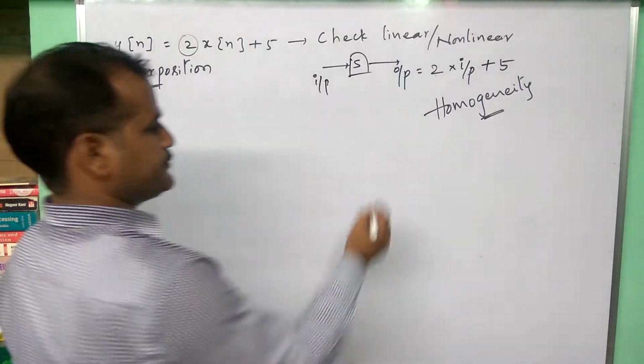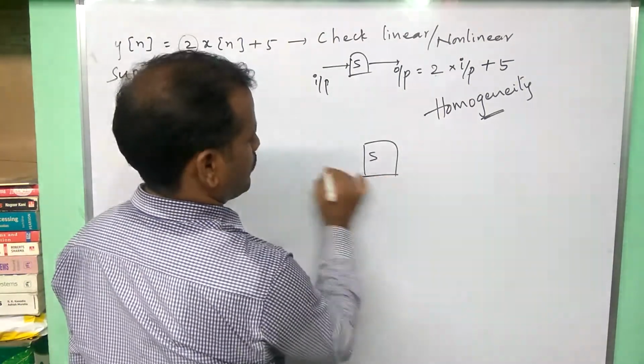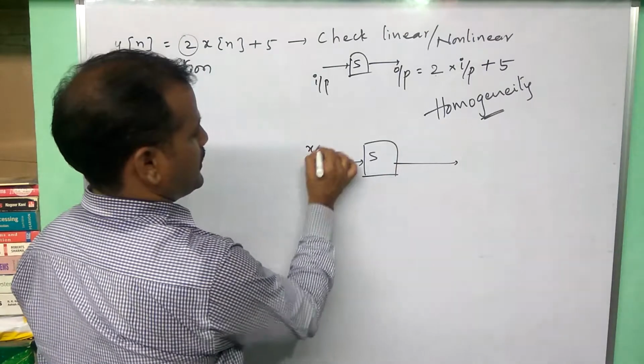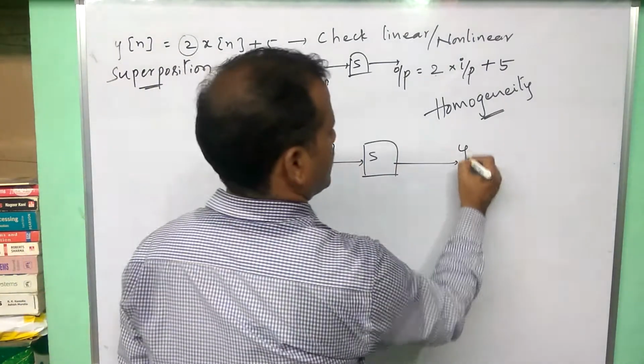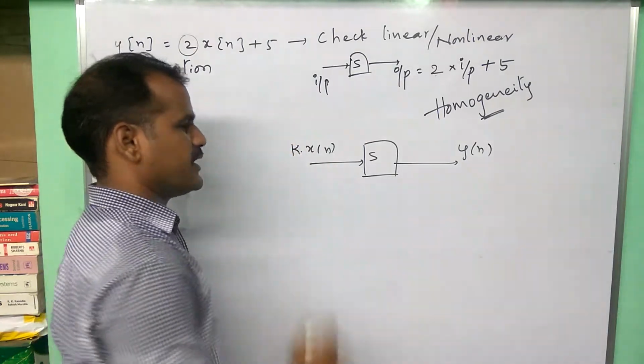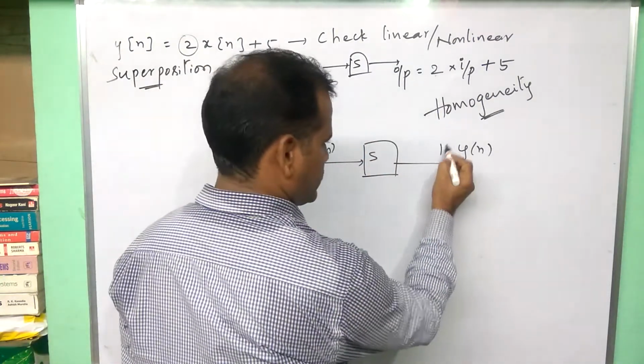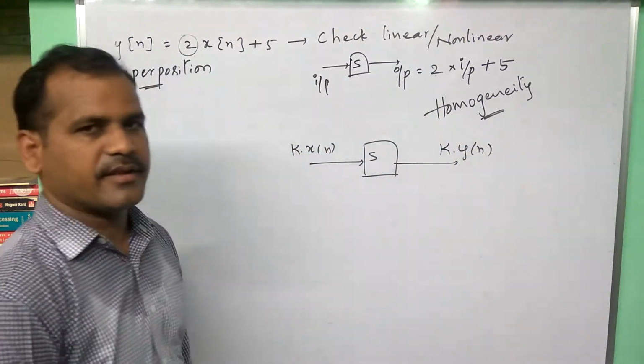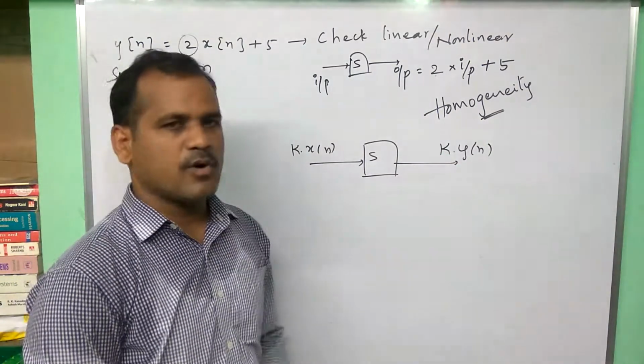Consider the system, apply input x of n, you will get output y of n. If we multiply the input with constant k and correspondingly the output is multiplied with the same constant k, then the system satisfies the homogeneity principle.